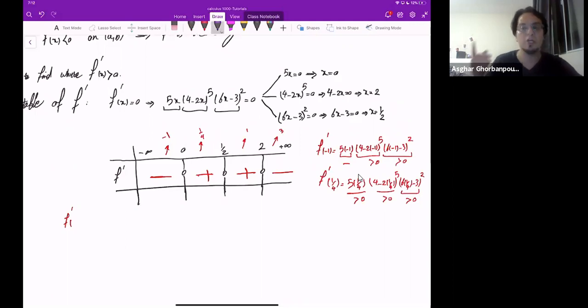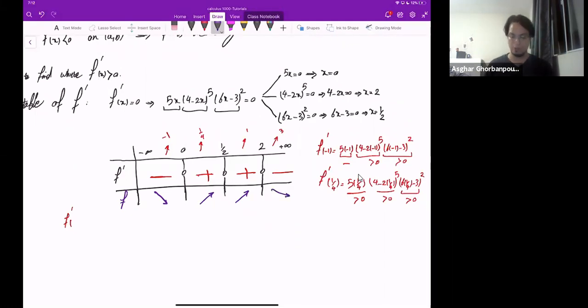Now it's time to use the increasing decreasing test. If f prime is negative on an interval, then f is going to be decreasing. If it is positive, it's going to be increasing.